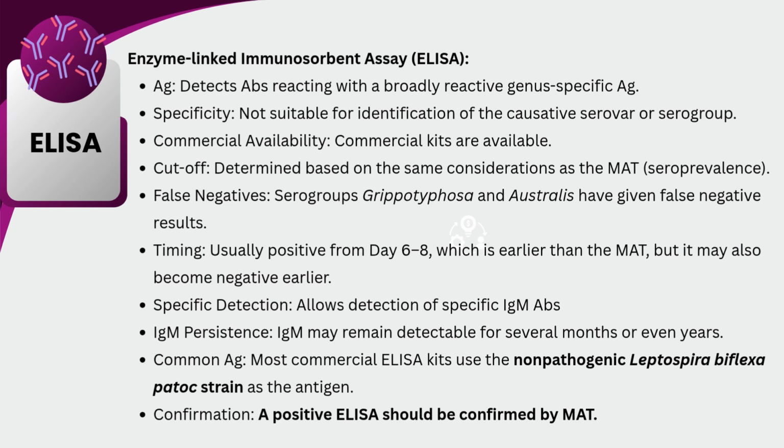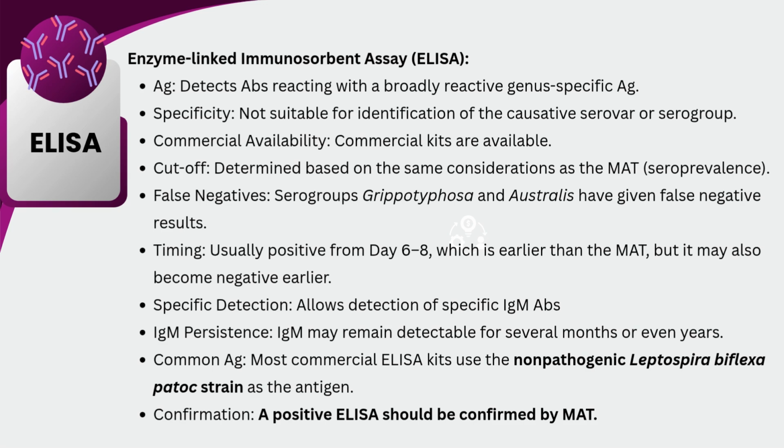So here we explore the ELISA, the enzyme-linked immunosorbent assay, which is a vital diagnostic tool for leptospirosis. ELISA detects antibodies reacting with a genus-specific antigen, though it cannot specify serovar or serogroup. It is commercially available for many labs, and ELISA can identify antibodies as early as day 6 to 8, earlier than the microscopic agglutination test, or MAT, but may also turn negative sooner.